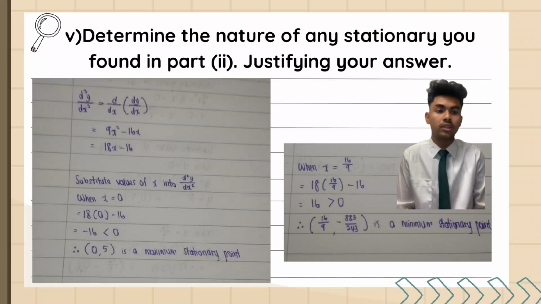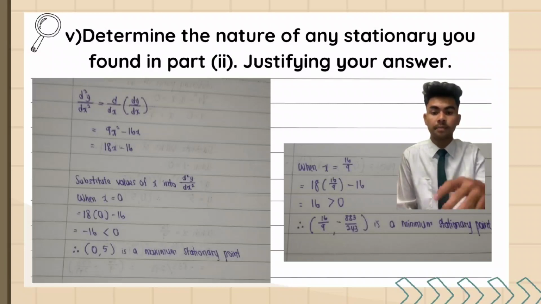When x is 0, we get the answer is negative 16, which is smaller than 0. So the coordinate 0, 5 is a maximum stationary point. Next, when x is 16 over 9, we get the answer is 16, which is greater than 0. So the coordinate 16 over 9 and negative 833 over 243 is a minimum stationary point.